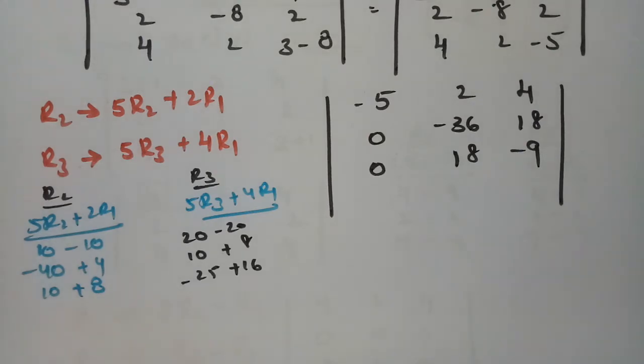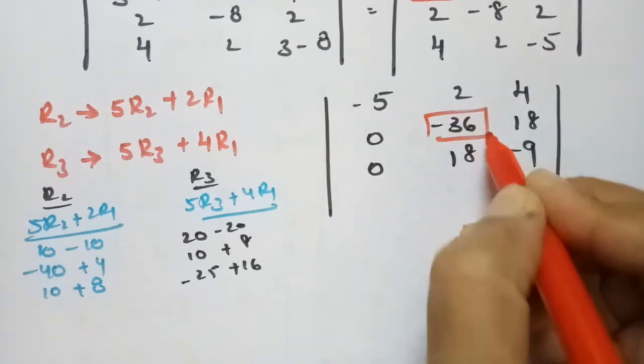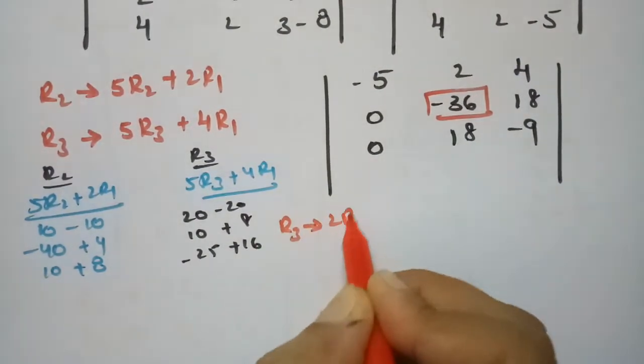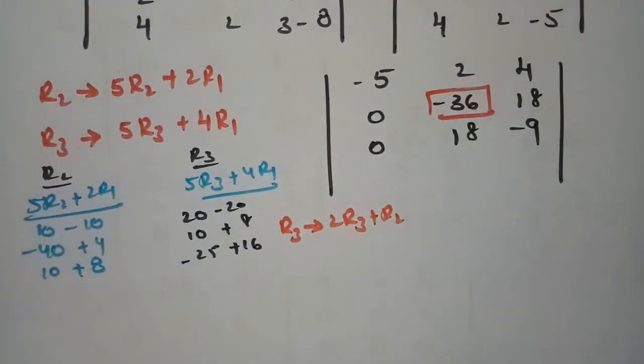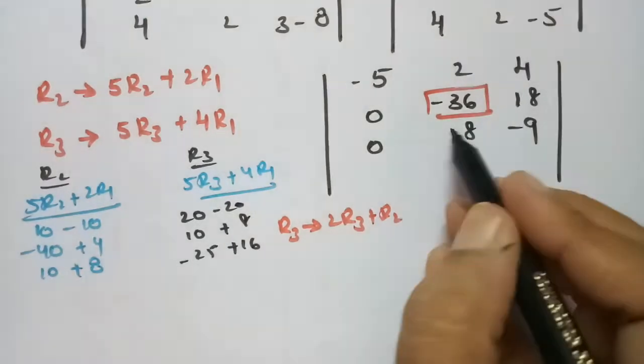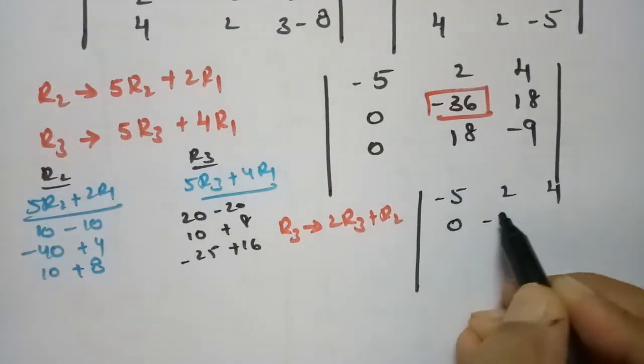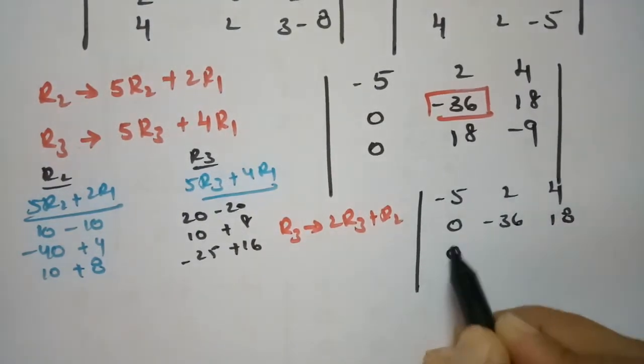Using the second diagonal element, I'll make this 0. The next operation is R3 becomes 2 R3 plus R2. It's simple, I can multiply with 2 and add. So this will be minus 5, 2, 4; 0, minus 36, 18; and 0, 0.